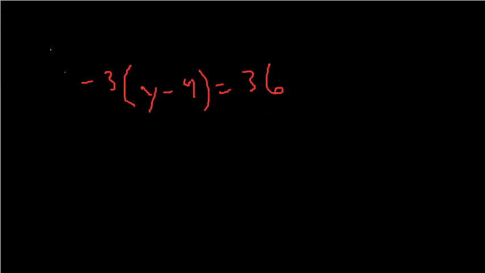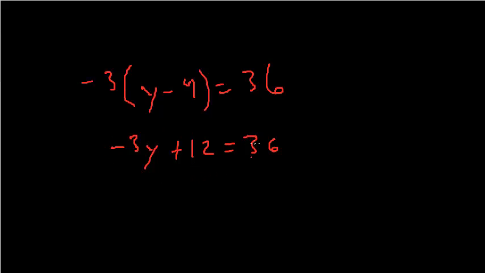Now to solve this, we can first simplify this left side of the equation by distributing this negative 3 into the parentheses. So we take negative 3 times y, we get a negative 3y. Negative 3 times negative 4, we get a positive 12, and that's equal to 36.